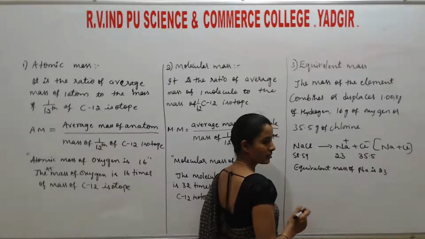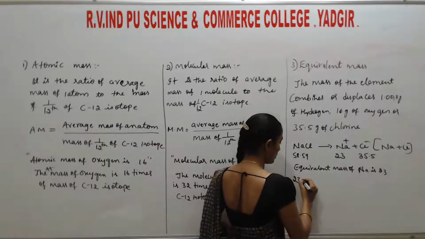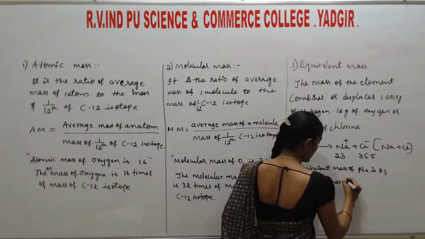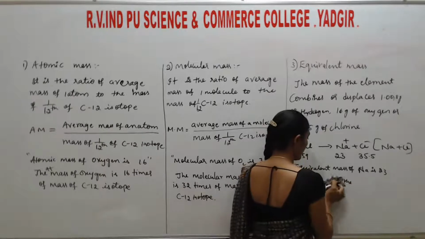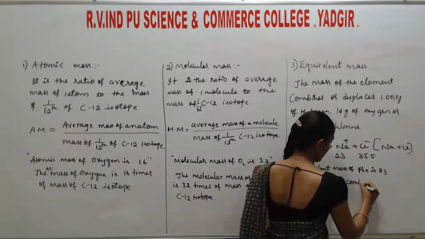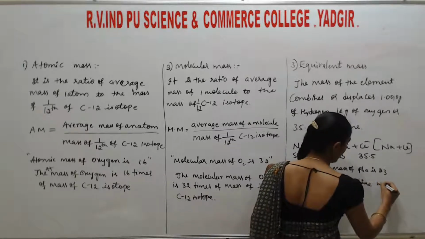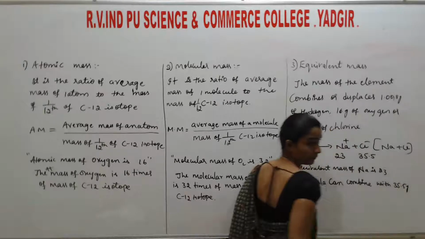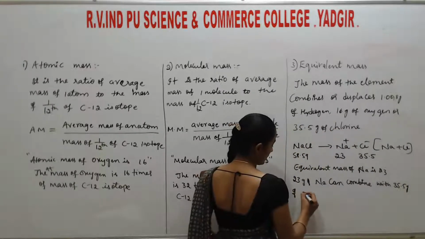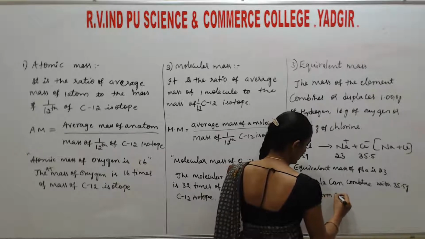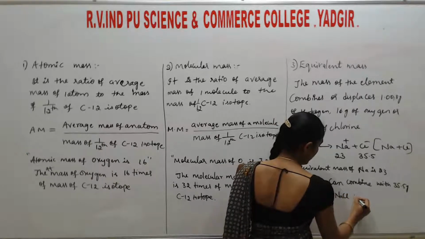If you want to write it in a sentence, students, 23 gram of sodium combines with 35.5 gram of Cl to form NaCl.